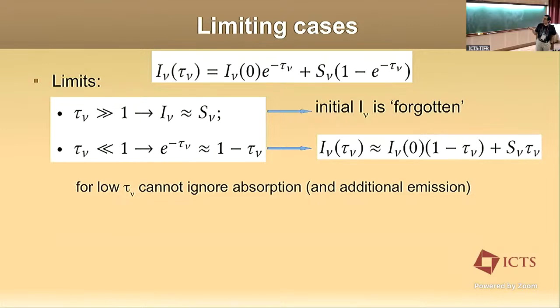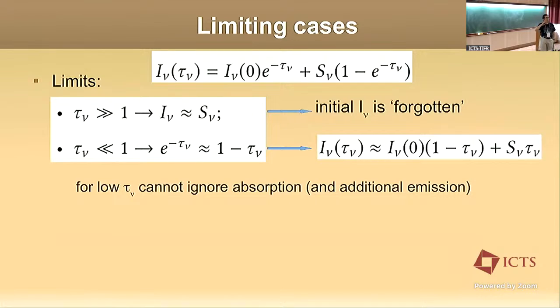If you have low optical depth, the other limit, then the exponential is 1 minus tau. So you can plug this in here. So 1 minus tau is just tau, and you get this kind of expression. You don't need to remember this, of course. It's not that important. But what is important is to remember that low tau does not mean you can ignore everything.